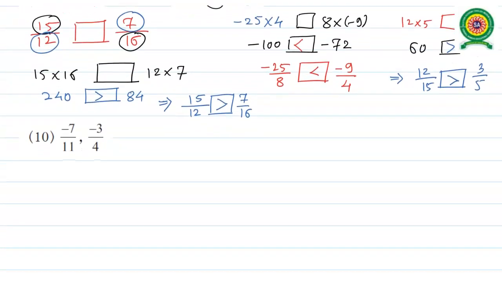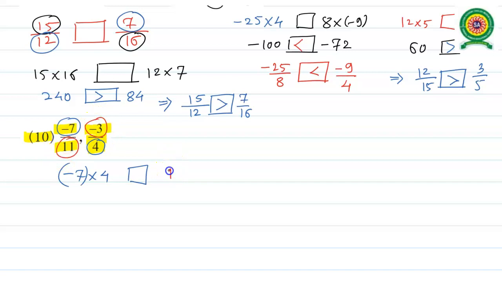Look at the last sub question number 10, minus of 7 divided by 11 and minus of 3 by 4. Again both have different denominators, so use the cross ratio test. We have minus of 7 into 4 and next to it 11 into minus of 3.